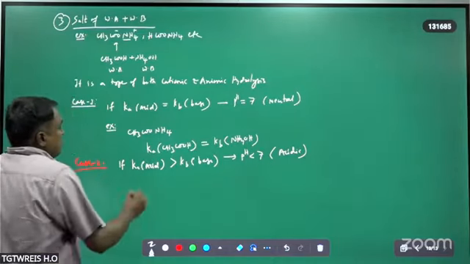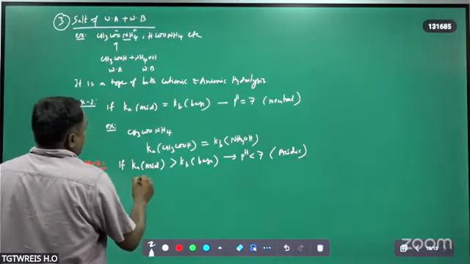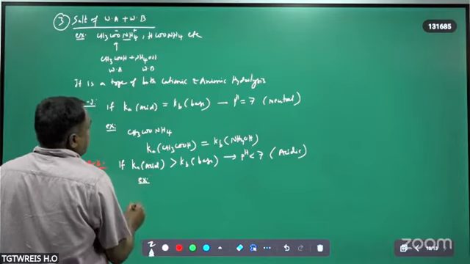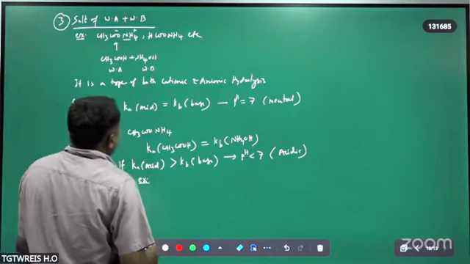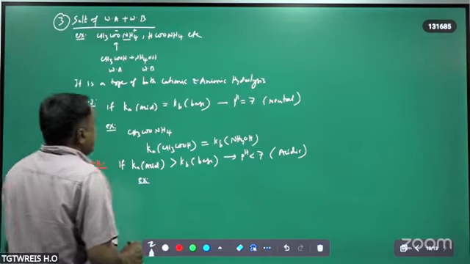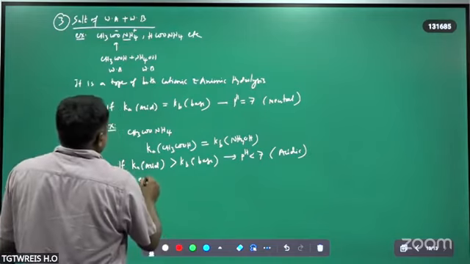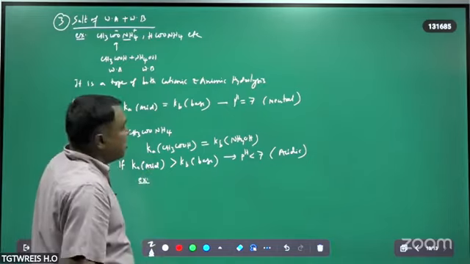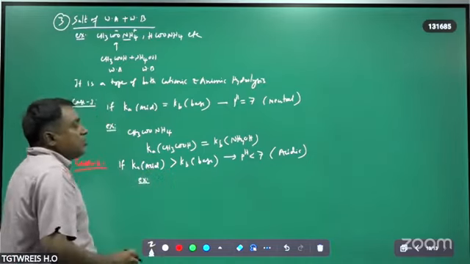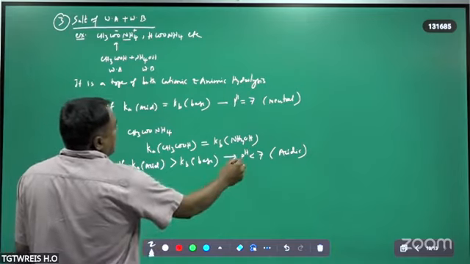Here the acid dissociation constant is higher than the base dissociation constant.